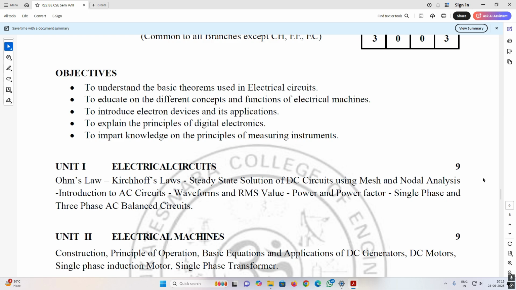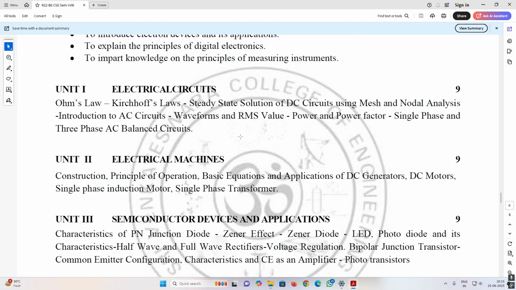So unit 2 deals with the electrical machines. Here we will discuss construction, principle of operation, basic equations, mainly the EMF equation and also the torque equation, and applications of DC generators and DC motors.